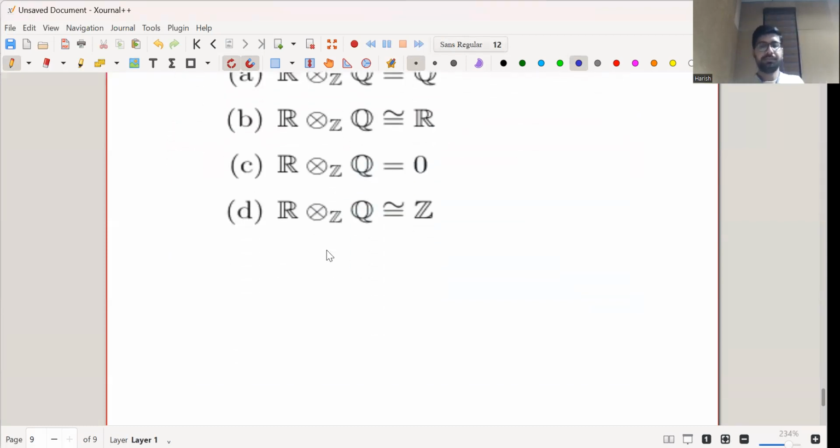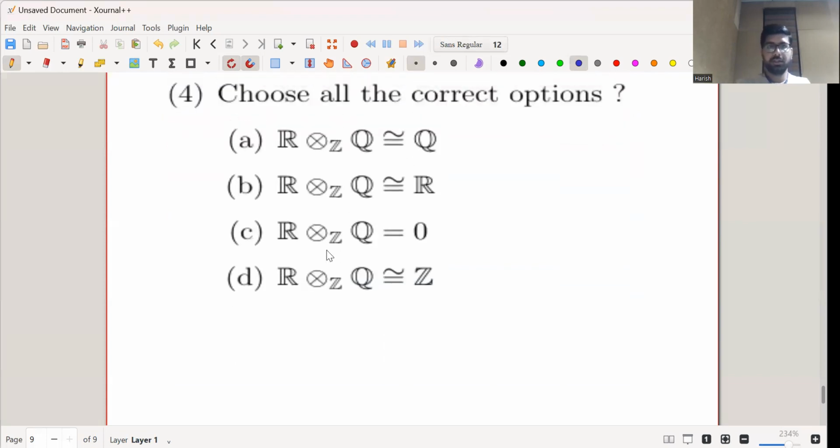So the solution is, here both the modules are having elements of infinite order. R is having elements of infinite order, and Q is also having elements of infinite order. So that trick of making the tensor product zero will not work.